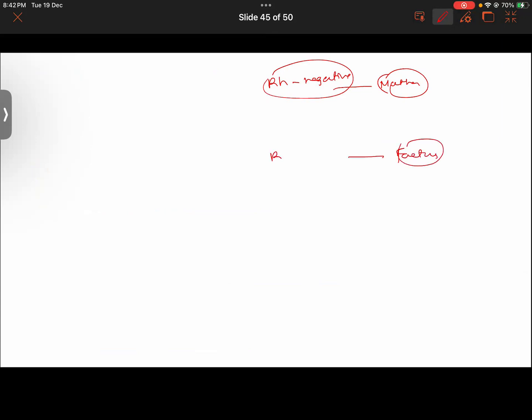I did tell you now, just for some extra knowledge. Look here. If the mother of the baby is Rh negative, and the fetus is Rh positive, it means that one is a negative blood group and the other is a positive blood group.